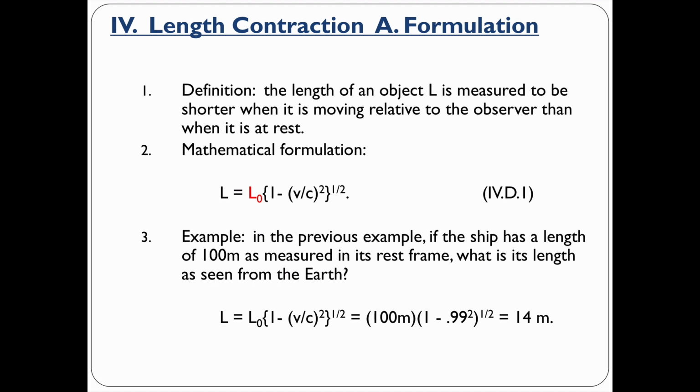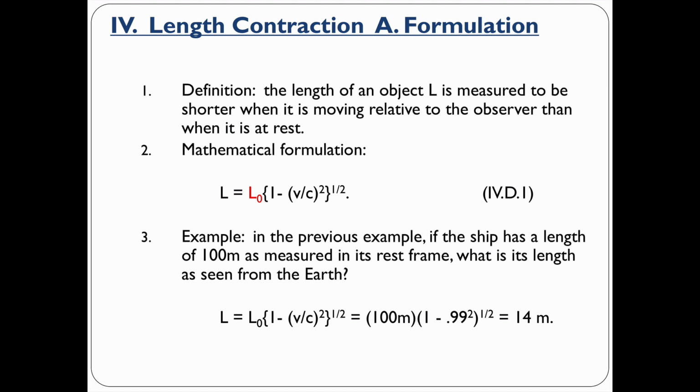Now, I mentioned length contraction, right? The length of an object L is, as I mentioned, measured to be shorter when it's moving relative to an observer that's at rest. I won't go over the derivation. It's a little bit more tricky than the one for time dilation. It's related to what we call the proper length, which is an unfortunate name.